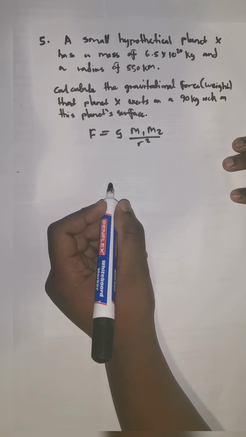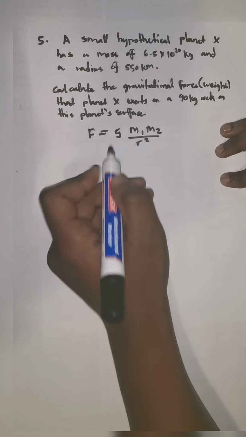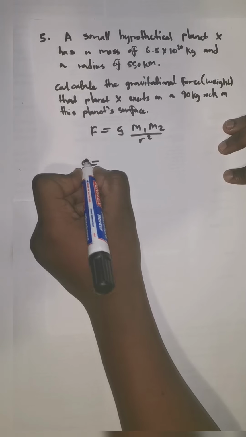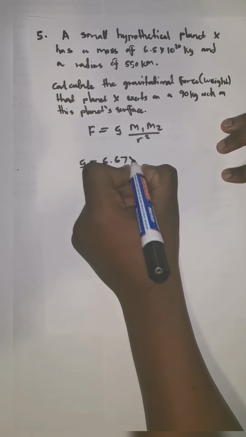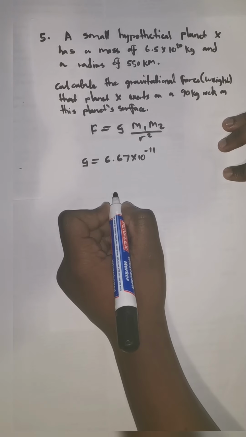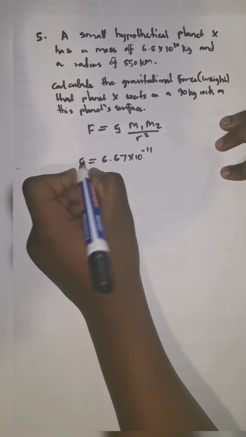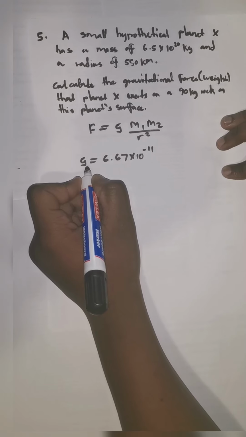Okay, so this is the gravitational constant, and it is like this. That's the constant. I'm not really sure about the units, but in this question it's actually a direct substitution kind of question.